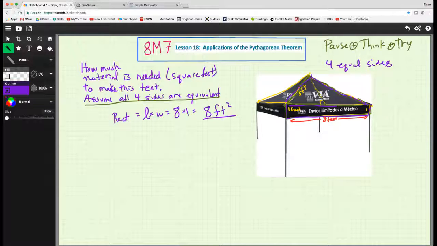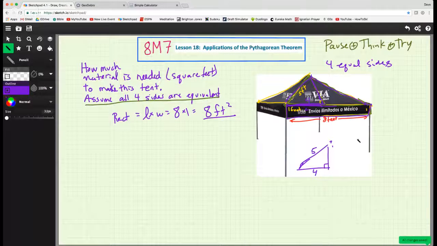I helped you divide it up here. So this part here is half of this length of 8, so this is 4. So we have this triangle. Let me draw it again for you like this. So this is 5. This is 4. And then this piece up here is unknown right now.